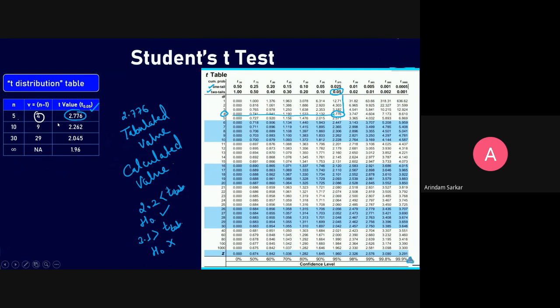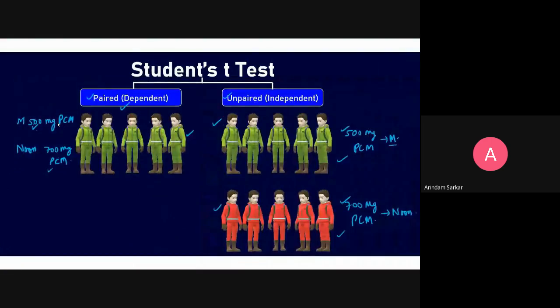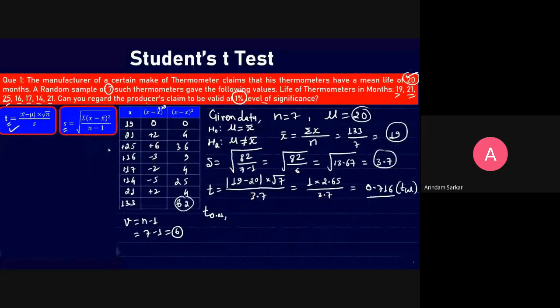Then we can say that my hypothesis is accepted, like the previous z-test. Now, in the case of the student test, what is a paired t-test? What is an unpaired t-test? In the case of a paired test, we are using the same dependent variables. In the case of unpaired, we are using independent variables.